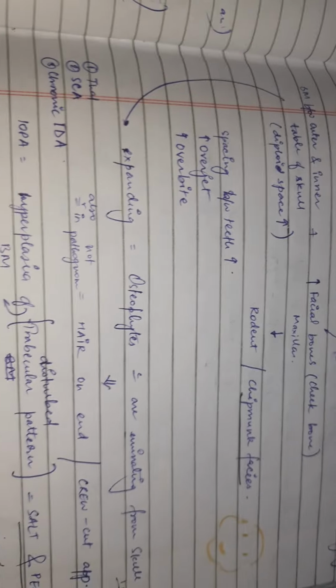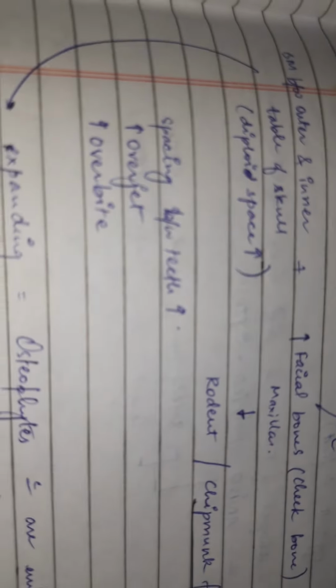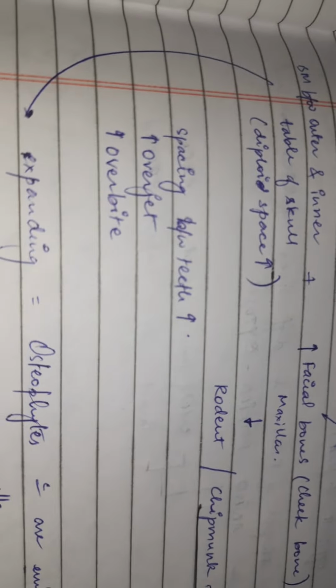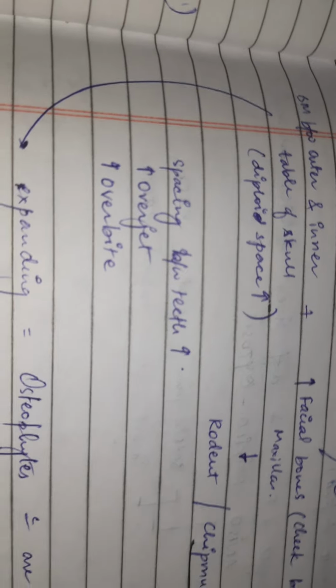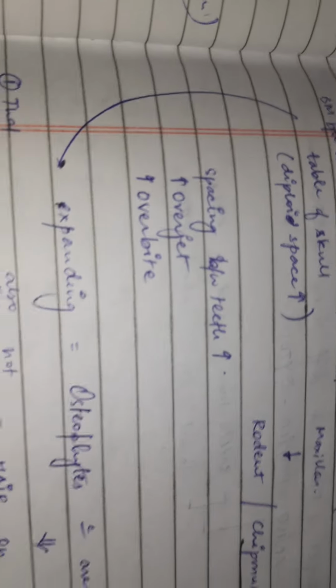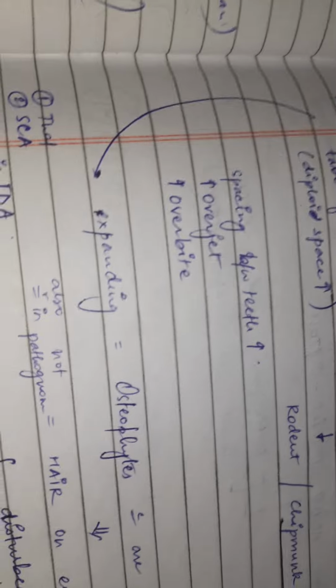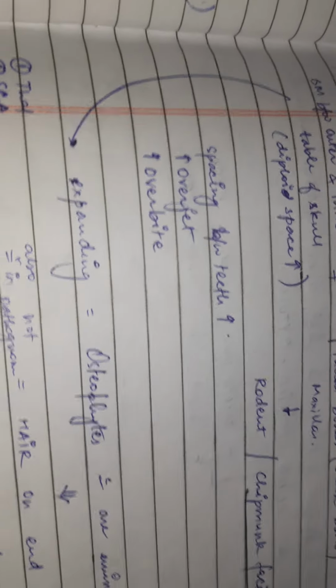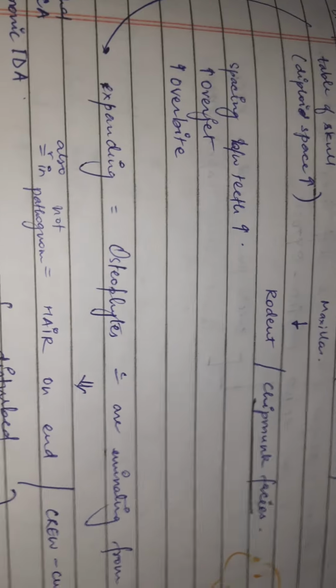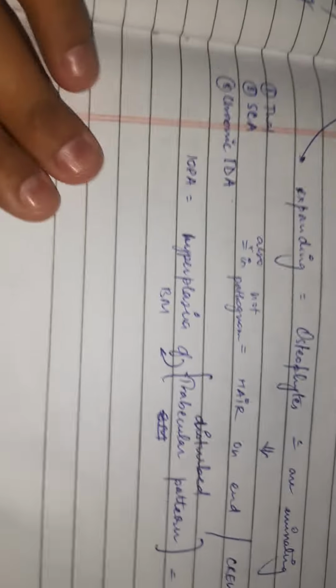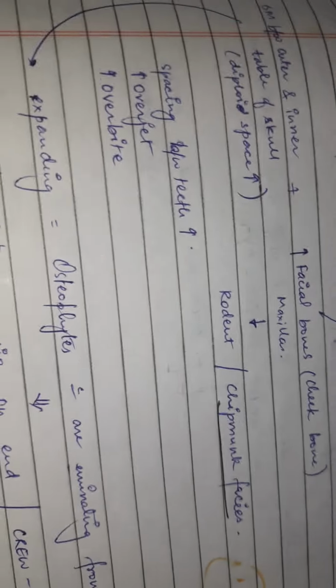Now in oral manifestations, spacing between teeth can occur, and overjet and overbite get increased. There will be spacing, and these two will increase, because the maxilla, the cheek bones, is increasing.